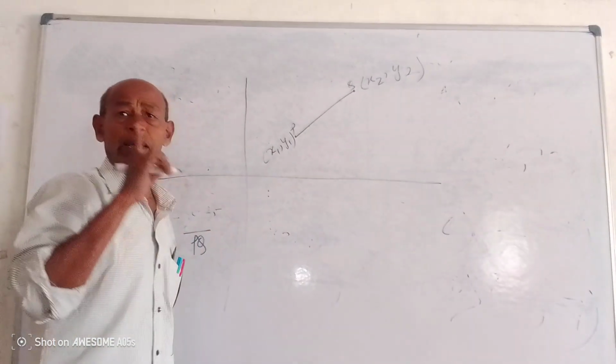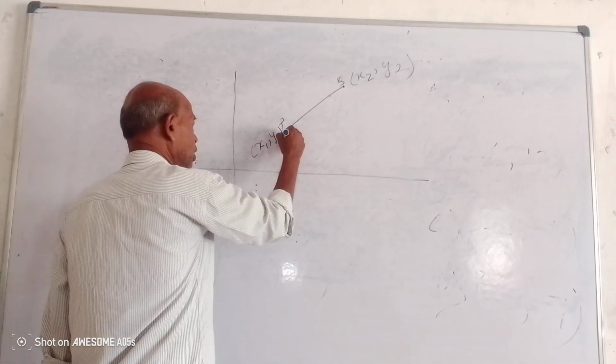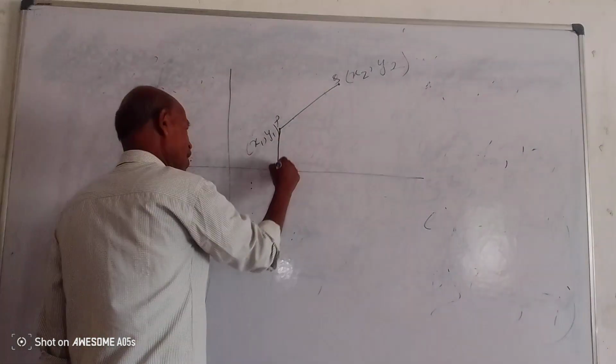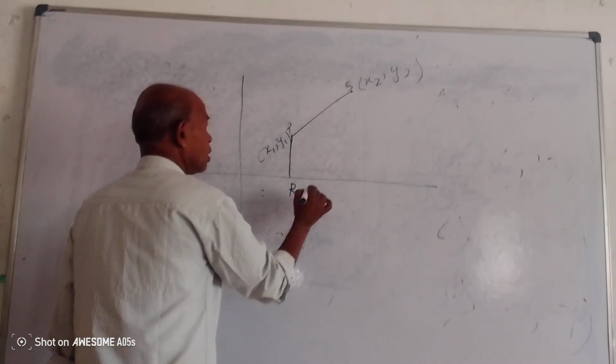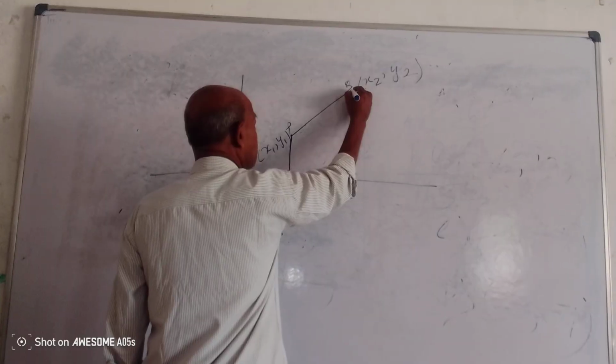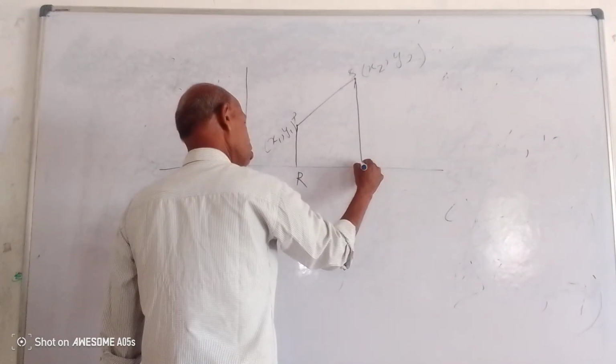Now, note again. You draw a perpendicular from point P to the x-axis, and call it R. Similarly, you draw another perpendicular from point Q to the x-axis.